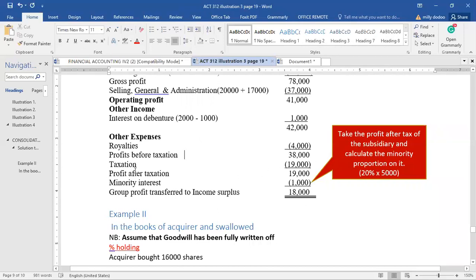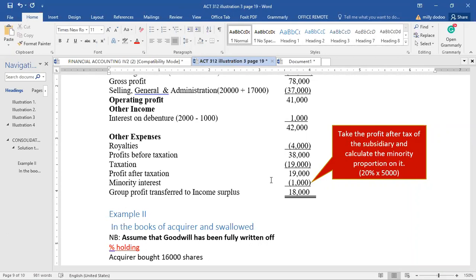So what I get here is what you call the profit after tax. So I got my profit after tax of 19,000. And this 19,000 mathematically is equivalent to 200%.